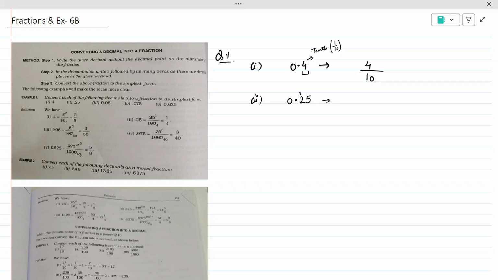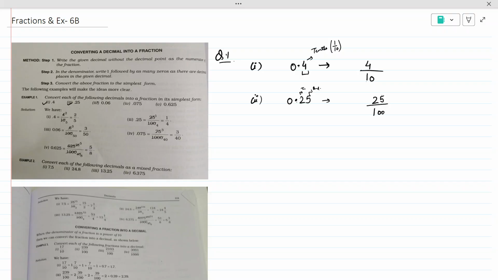This is at the 10th place, this is at the 100th place. That means after the decimal we have two places. We have the number till the 100th place. So we can write this number as 25 divided by 1 followed by 2 zeros, because the last digit is at the 100th place here.